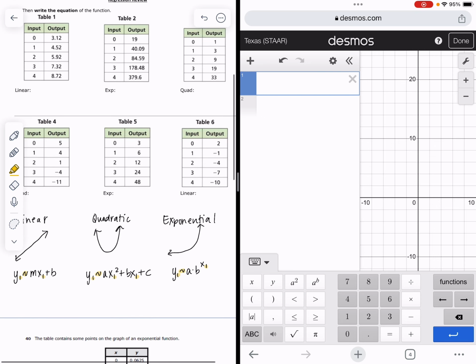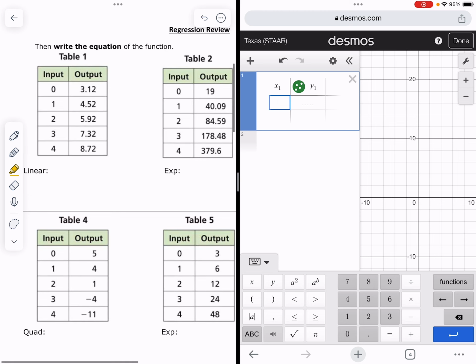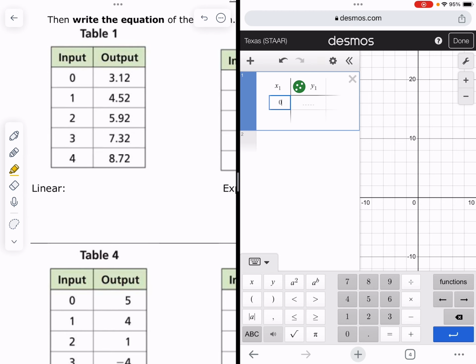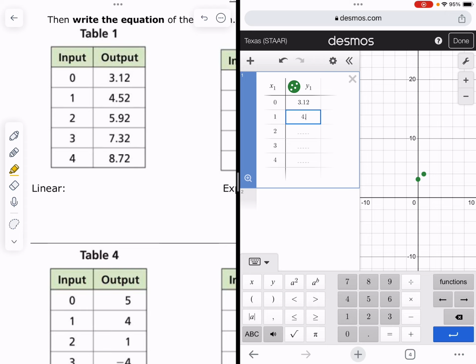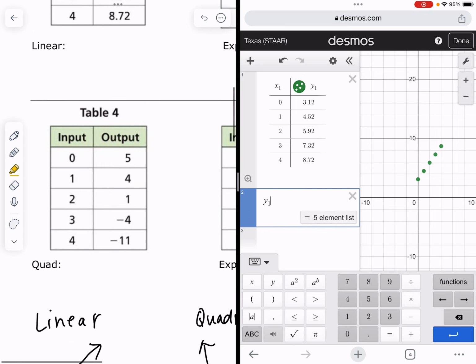So we are going to put that table into Desmos by clicking the plus sign and then entering the inputs into the X1: 0, 1, 2, 3, 4, and then type the Y's: 3.12, 4.52, 5.92, 7.32, and 8.72.